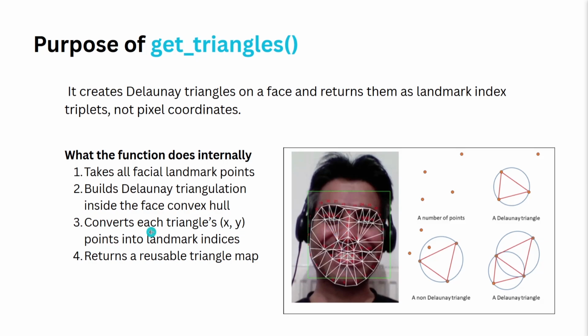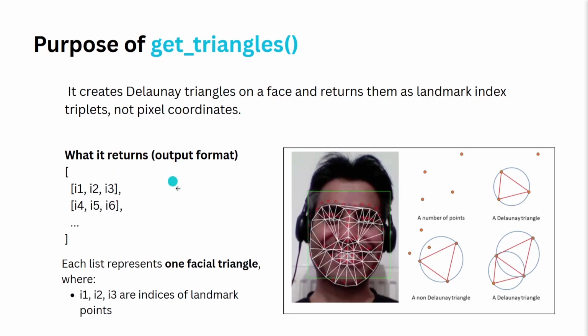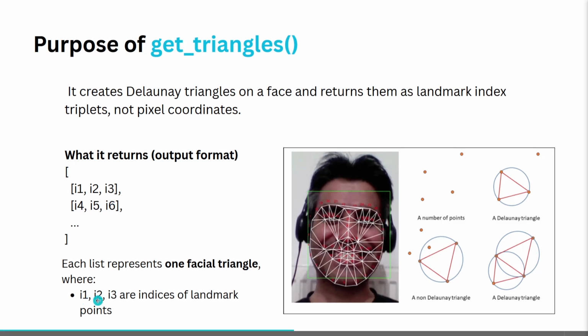After that, it converts each triangle's points into landmark indices and returns a reusable triangle map, something like that. What our function exactly returns is numbers such as I1, I2, I3, I4, I5, I6. Each list represents one facial triangle. So this is list number 1 and this is list number 2. Each list represents one facial triangle, where I1, I2 and I3 are indices of landmark points.